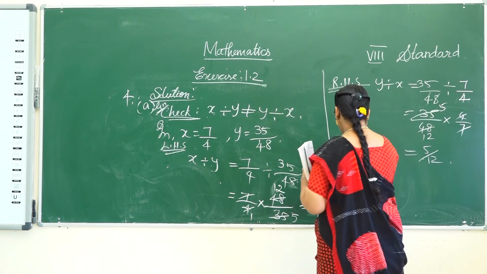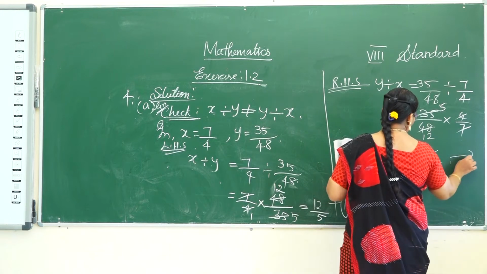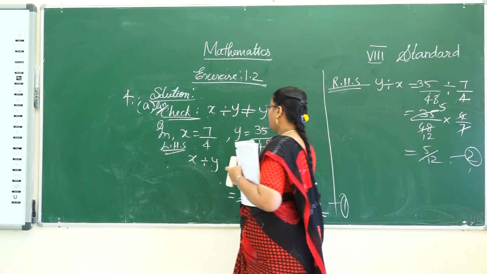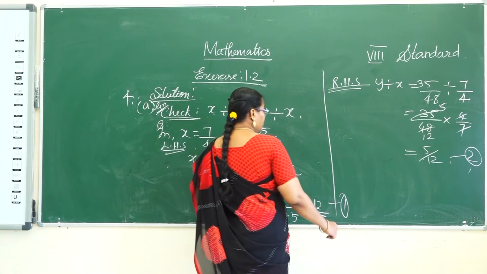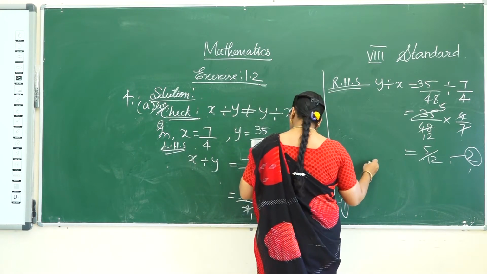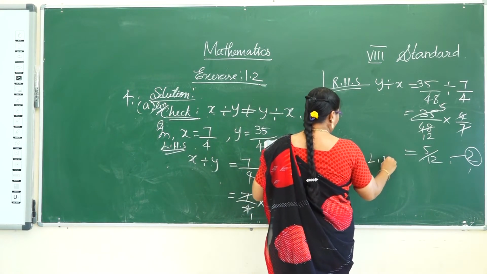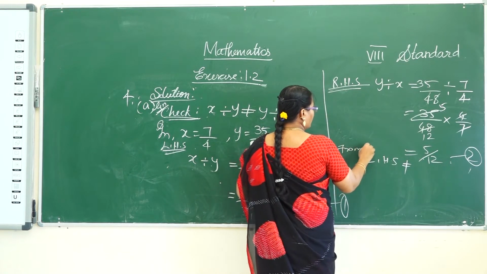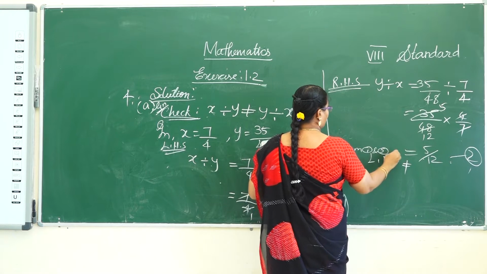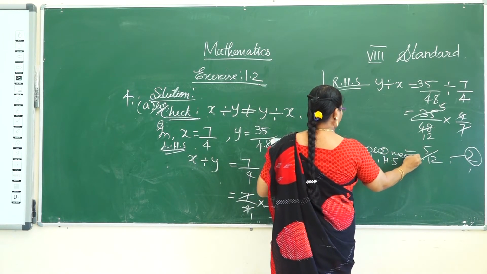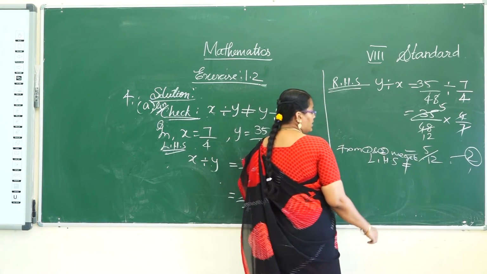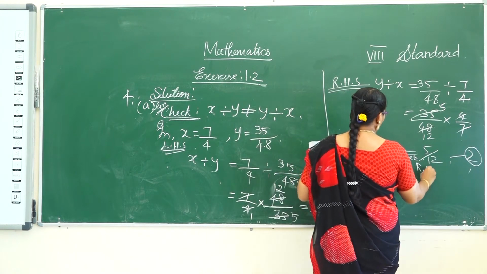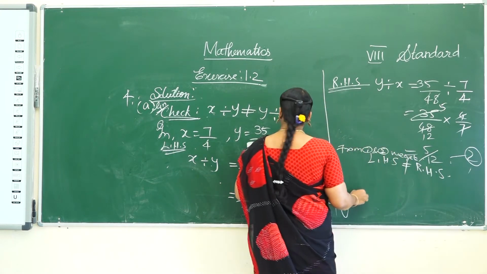Check equations 1 and 2. We get left hand side is not equal to right hand side, is it? So from 1 and 2 we get left hand side is not equal to right hand side.